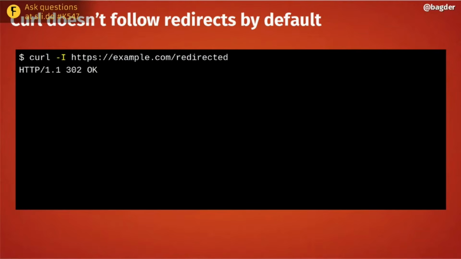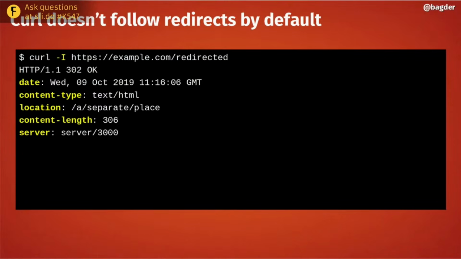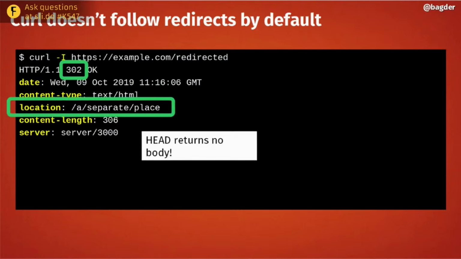So if you ask for head here, you get the content, you get the 302, which means a redirect, one redirect kind. There are several different kinds, but we can ignore that for now. And it says a location, which actually is then the pointer to the new place. But yeah, and there's no body. But curl won't go there. You will still just get this because you haven't asked curl to follow the redirect. You just basically investigated the sign here. You didn't follow the sign.